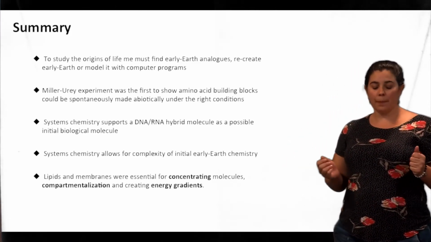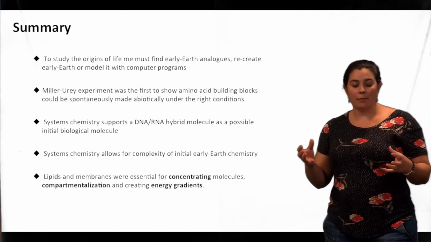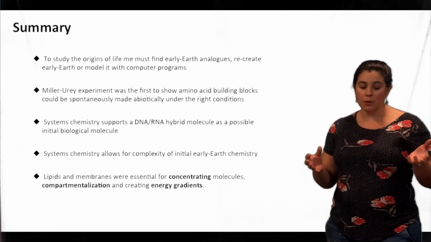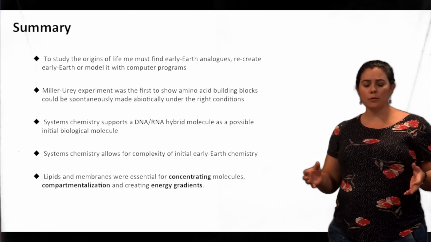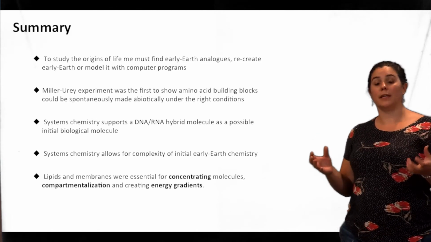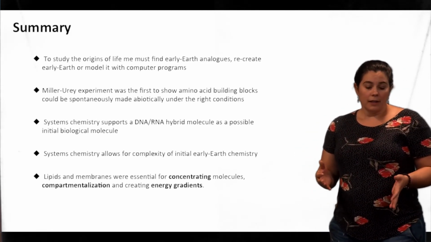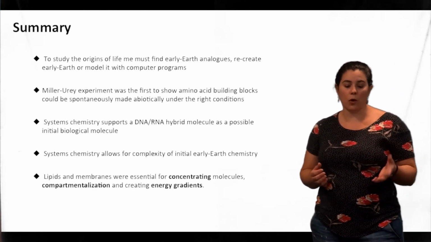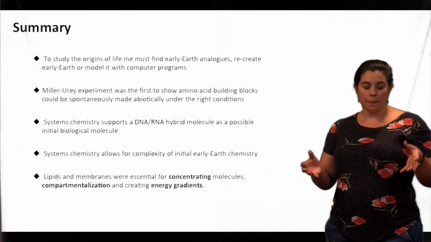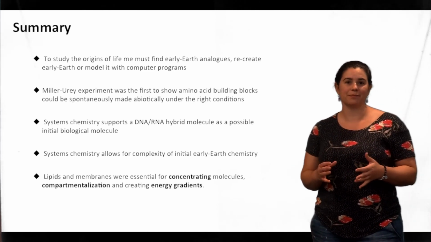Systems chemistry approaches support a DNA-RNA hybrid molecule as a possible initial biological molecule, and systems chemistry really allows for the complexity of the initial early life chemistry. Furthermore, the role of lipids and membranes was essential for concentrating molecules, for compartmentalization, and for creating energy gradients.